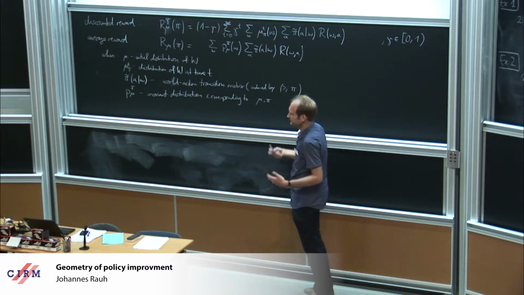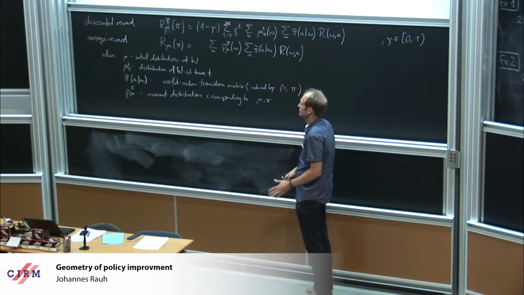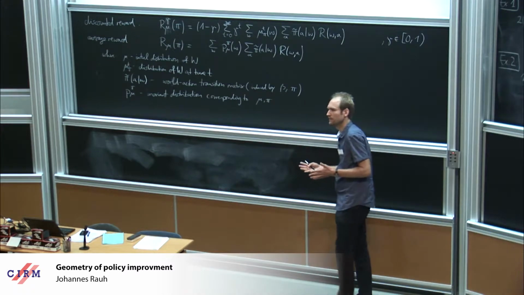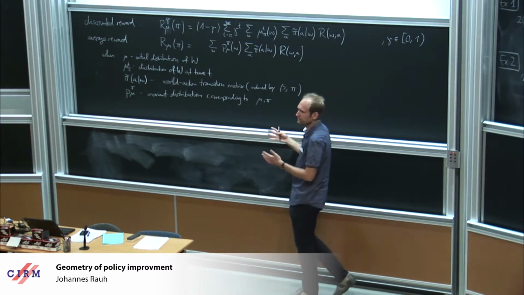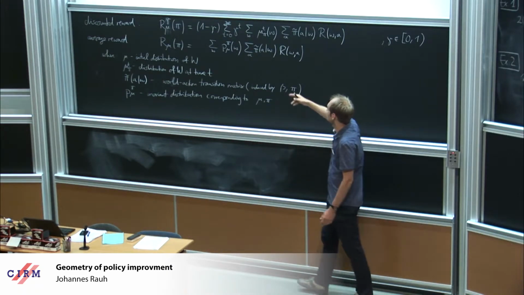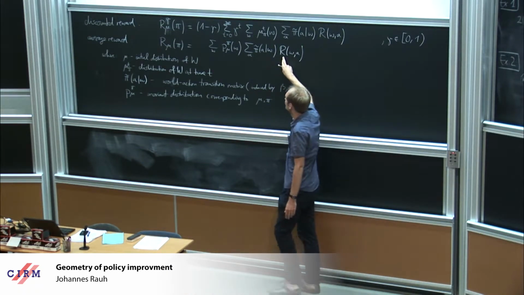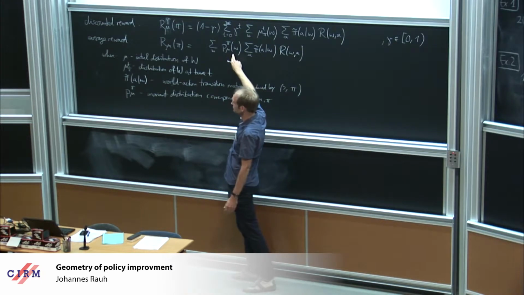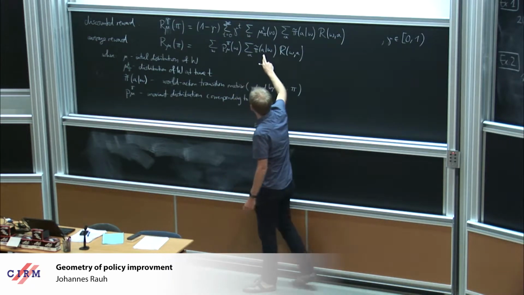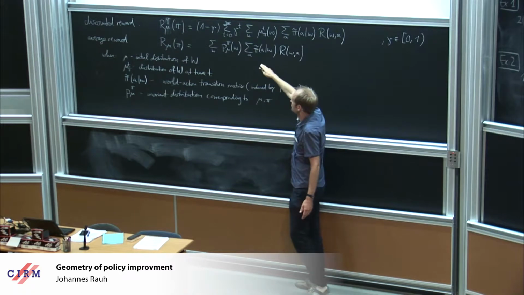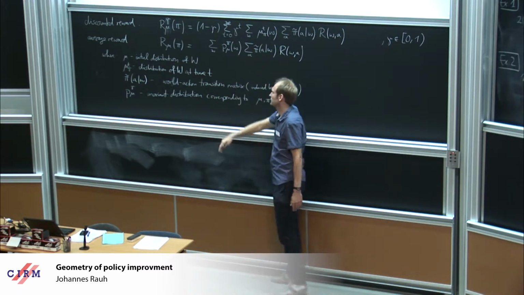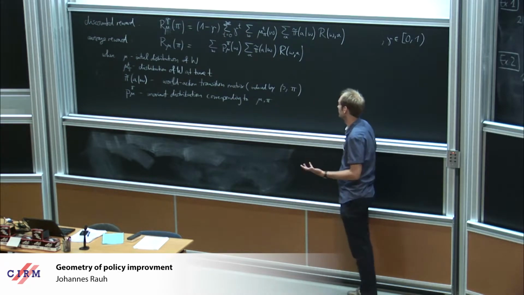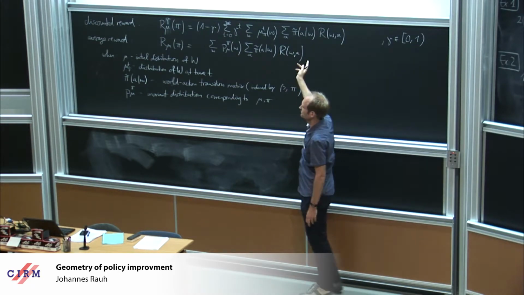So you can also use this to evaluate the reward. You can ask, if I implement a certain policy and I wait infinitely long, then I'm in equilibrium, so to say, what will be my expected reward in this situation? And that's the so-called average reward. So I take the invariant distribution, which depends again on the policy, and it might also depend on the initial state, on where I started, and then I average the reward.